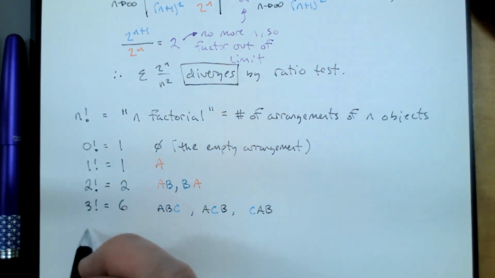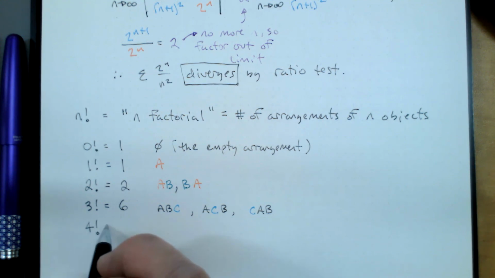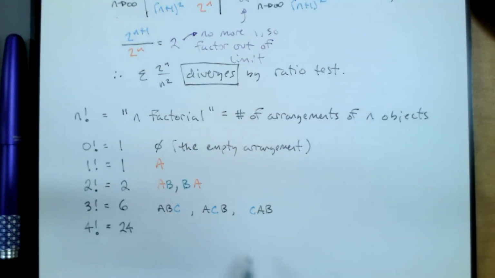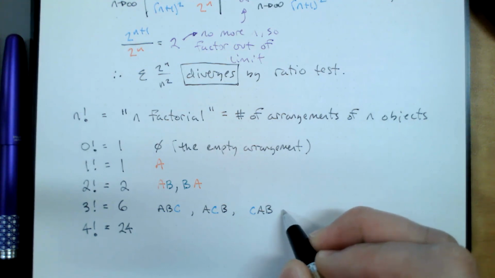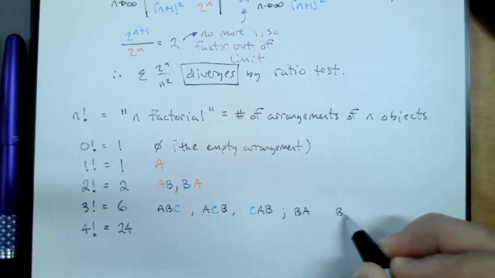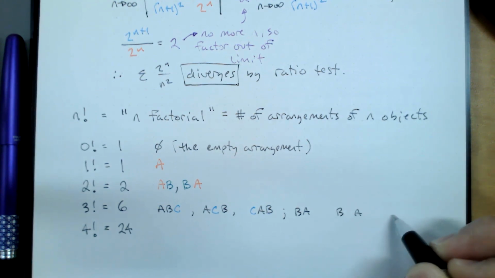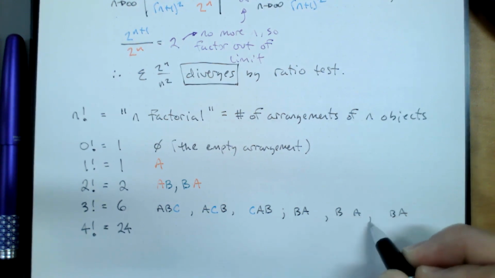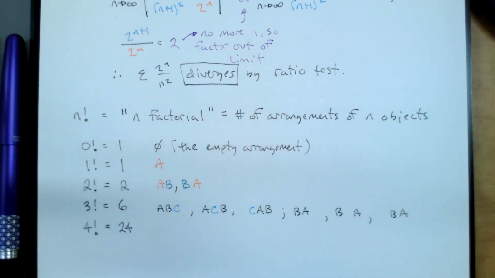4 factorial is 24. Oops, I didn't write 6. Sorry. I had 2 arrangements.